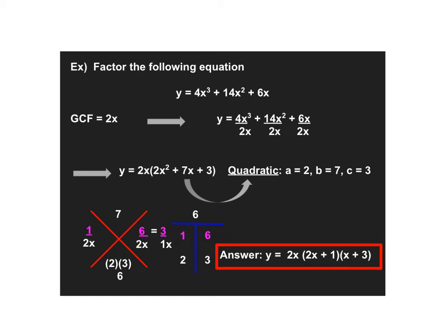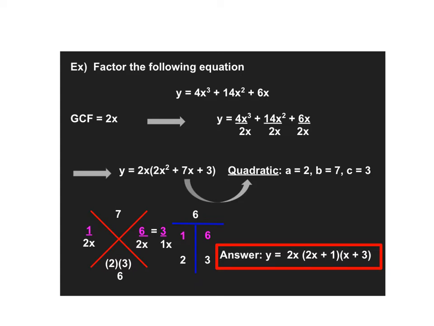So if you take a look at this equation right here, we're looking at y equals 4x to the power of 3 plus 14x squared plus 6x. If you notice at this first term right here, that power is 3, and so that makes it not quadratic, that makes it cubic. So in order to factor using that x method, we have to factor out something that's common.